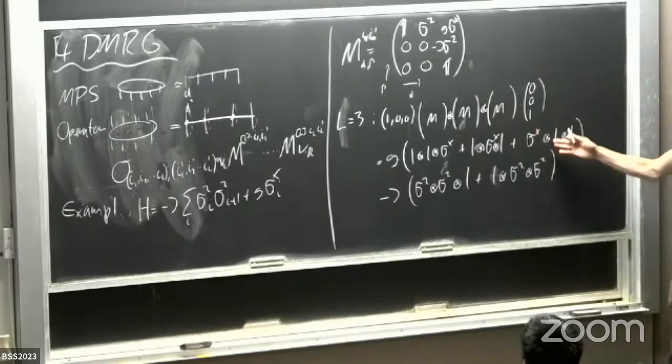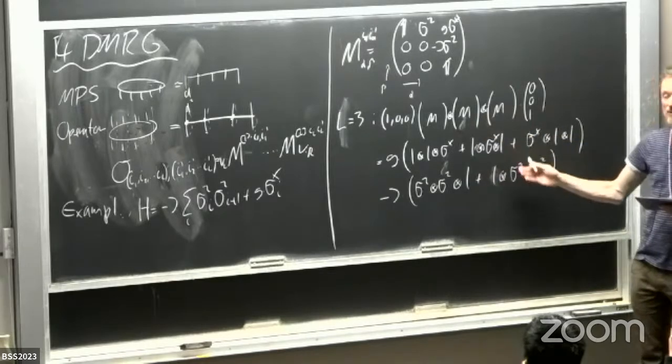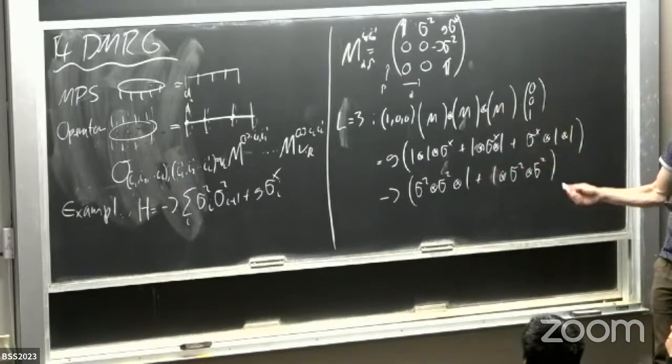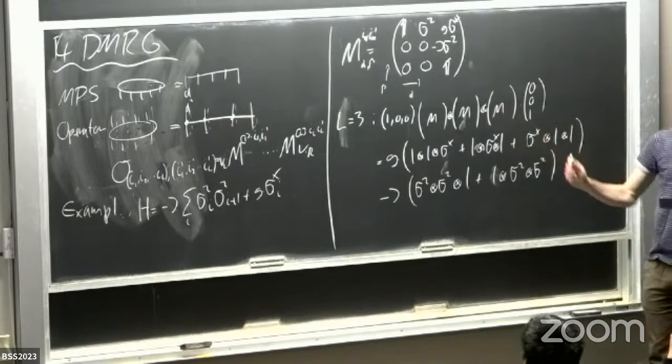So you see that just by multiplying these matrices, you get exactly the transverse field Ising model on a system with 3 sites. Yes.